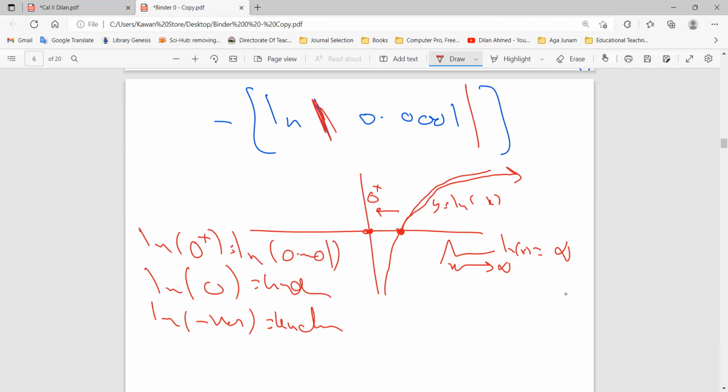I am closing to 0 from the right side. Look at the image. I'm going to be here. So the image is going to where? Negative infinity. So when x approaches 0 from the right side, ln of x gives negative infinity.